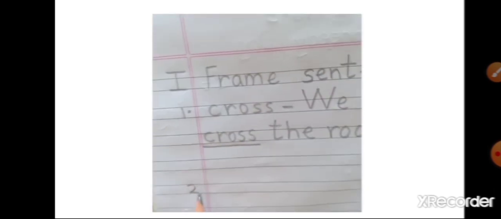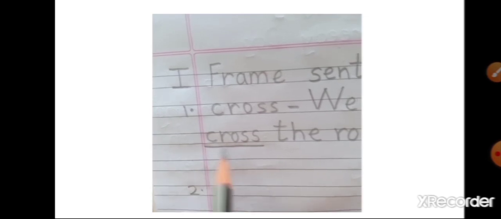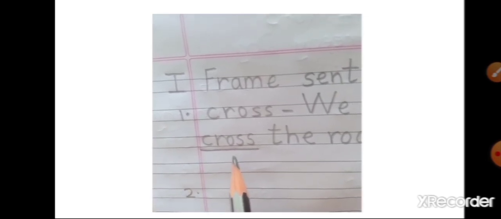Then leave one line and write number 2. Don't forget to underline the word cross.